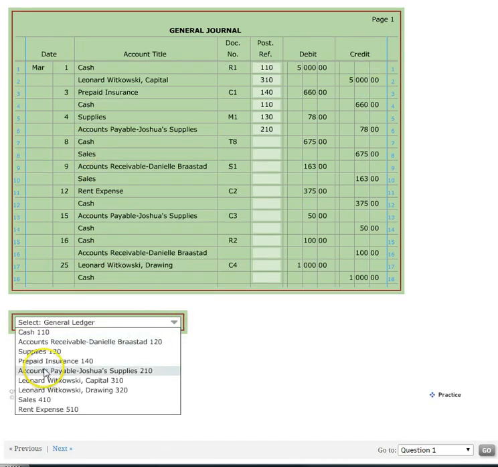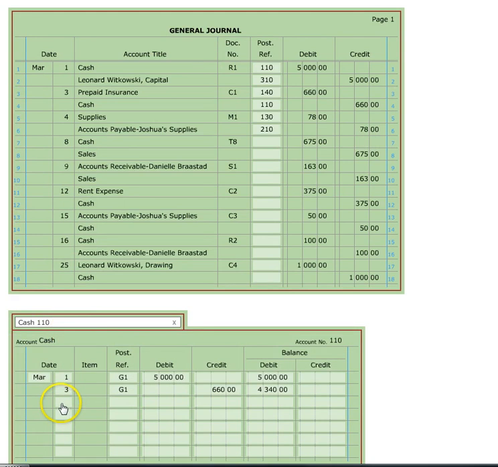Cash. Okay, this one's on the 8th. General Journal, page 1. This is $675. Okay, so a debit increases. So I'm going to take the $4,340 plus $675. I now have $5,015.